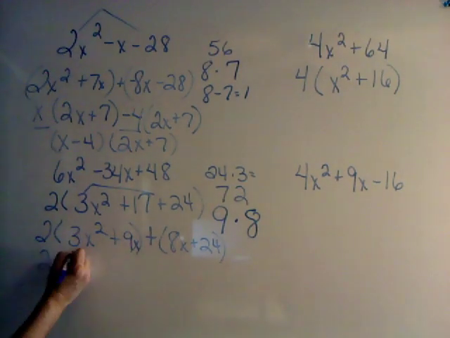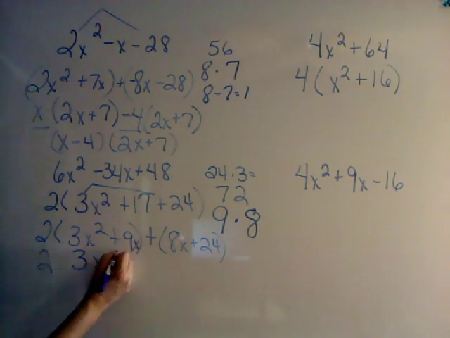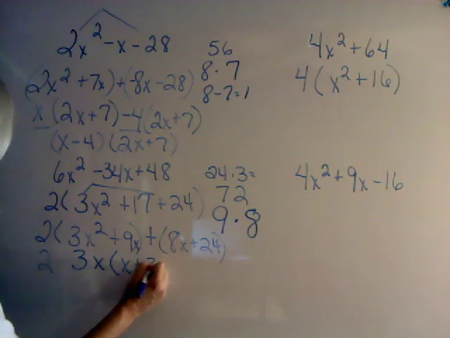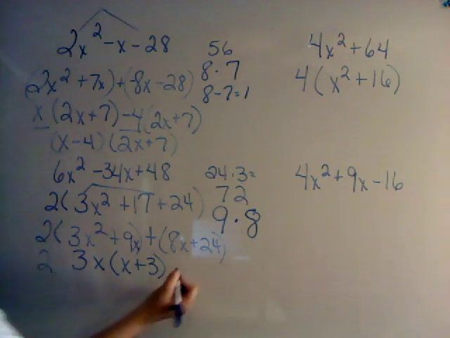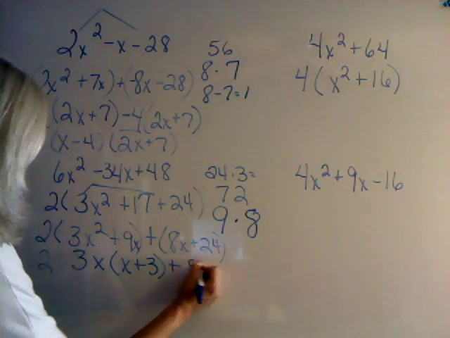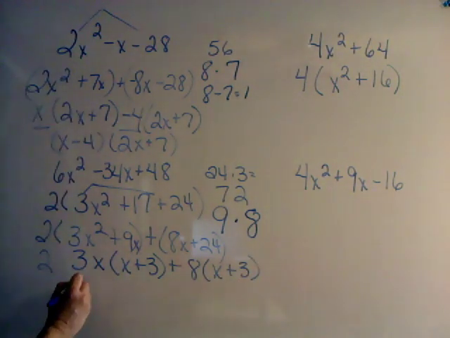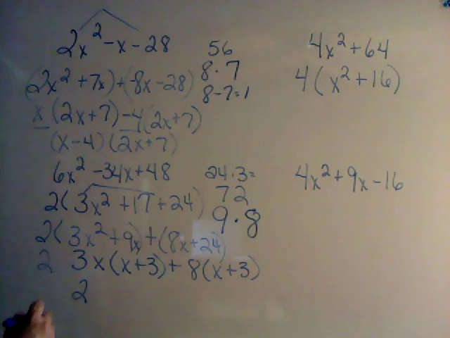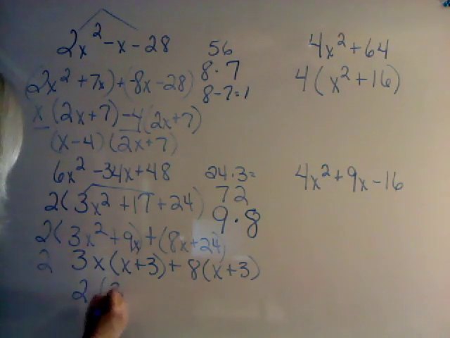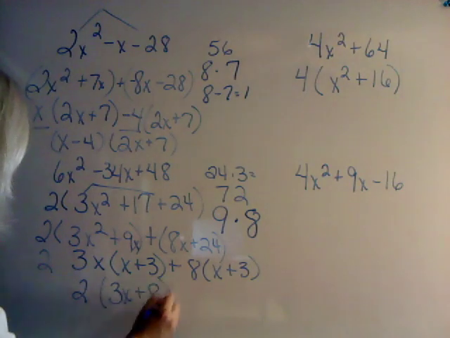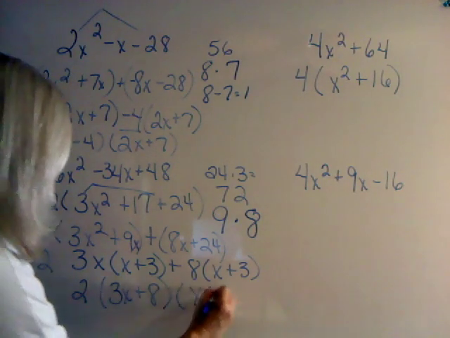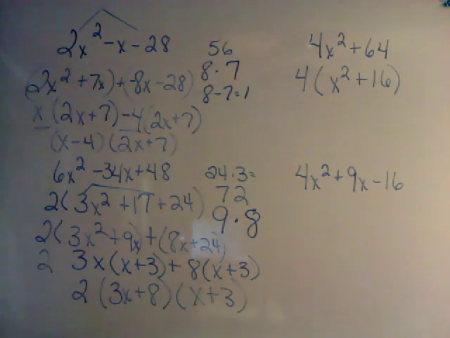Okay, I'm going to take out a 3x, which would give me x plus 3. And then over here, I'm going to pull out an 8, which would give me x plus 3. Then that's going to give me 2 times the 3x plus 8 times x plus 3. And that would be factored completely.